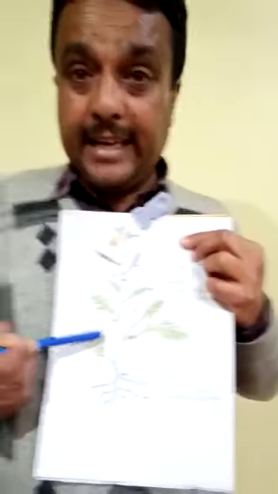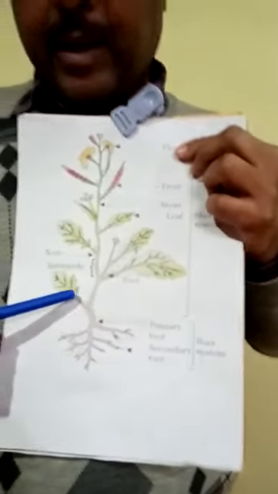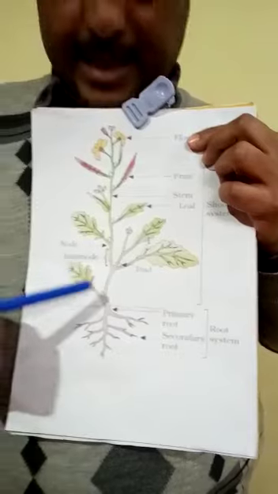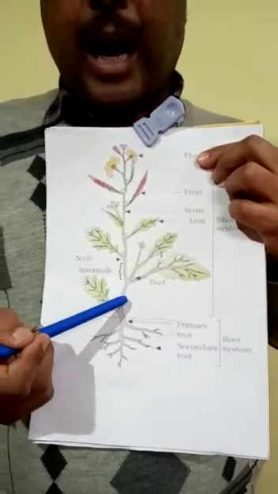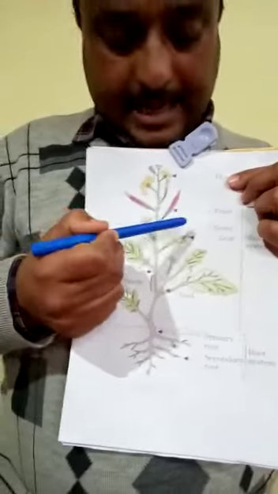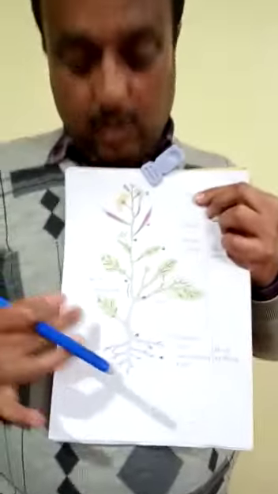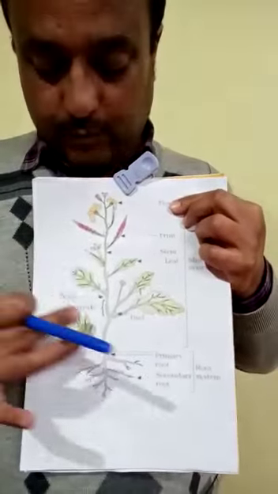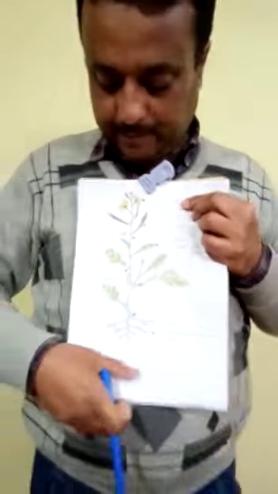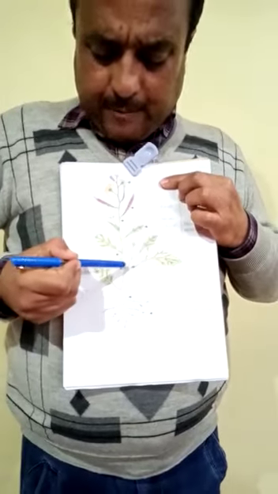The shoot system is positively phototropic and negatively geotropic. From it different structures develop, like the branches, the leaves, the flowers, and the fruits and seeds found on this main axis.